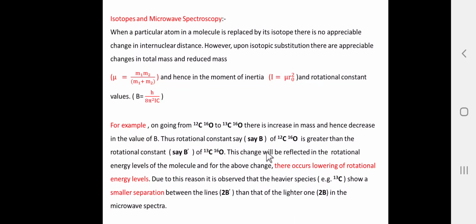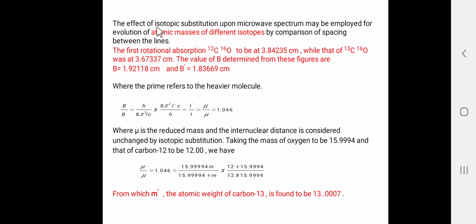This information can be used to find out the mass of the isotopes, so let us consider that point. The effect of isotopic substitution upon the microwave spectrum may be useful to evaluate the atomic mass of the different isotope by comparing the spacing between the lines.